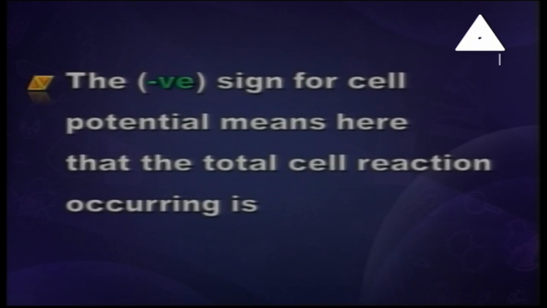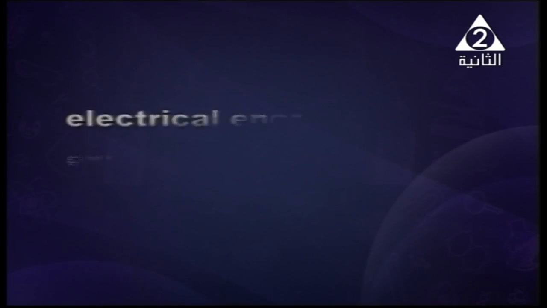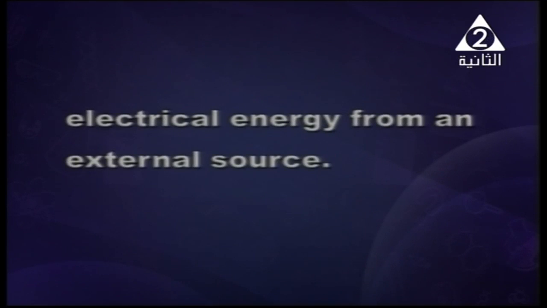The negative sign for the cell potential means here that the total cell reaction occurring is non-spontaneous if it was in a galvanic cell, but it is completed in an electrolytic cell by using electrical energy from an external source.